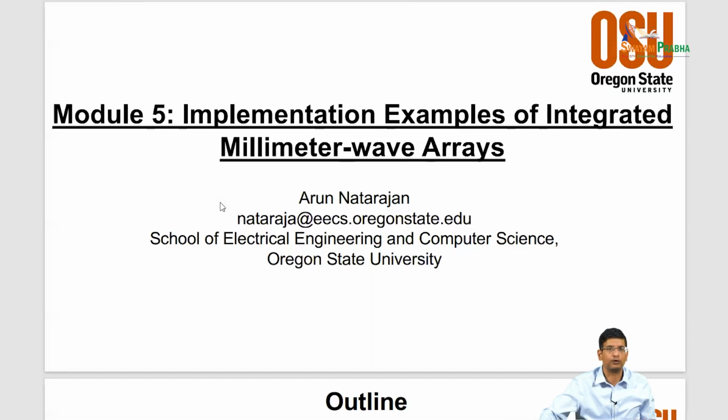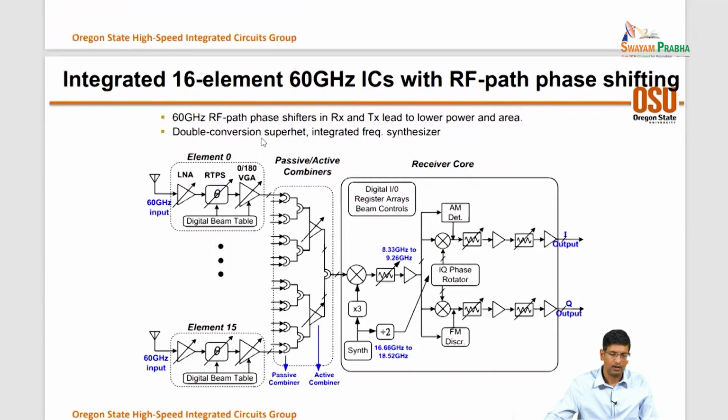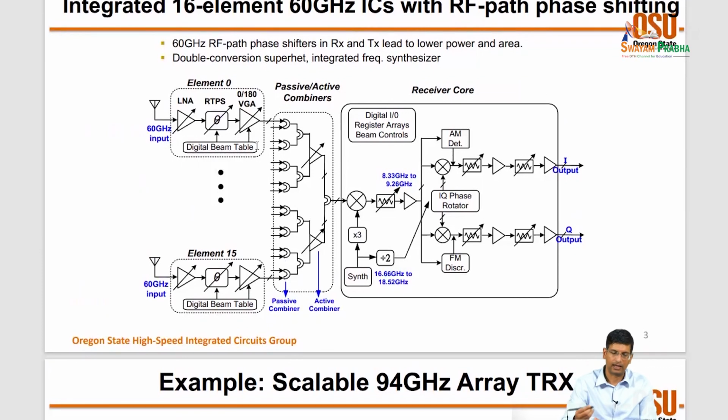Let's see the kind of topologies that have been adopted and the choices that have been made to build some large scale arrays. So let's begin with an old array that I was involved with in designing, right? And the choices here, for example, this was a source degeneration LNA.